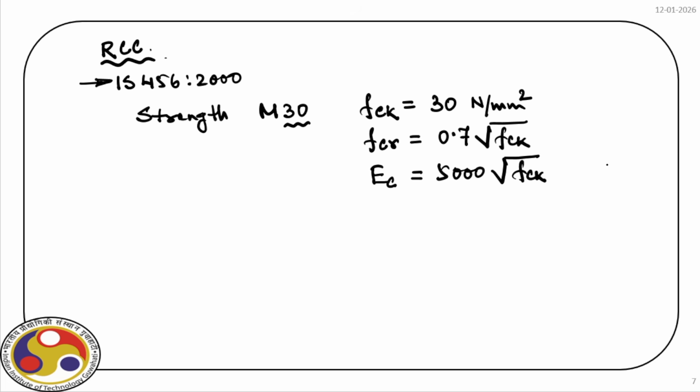Now, the code specifies that this value of Young's modulus, which is in Newton per millimeter square, is allowed to vary plus minus 20% from the actual value.